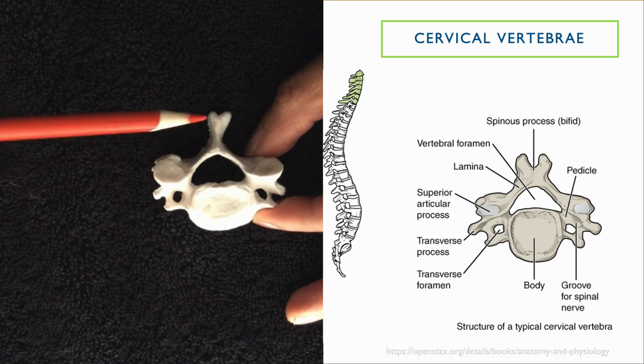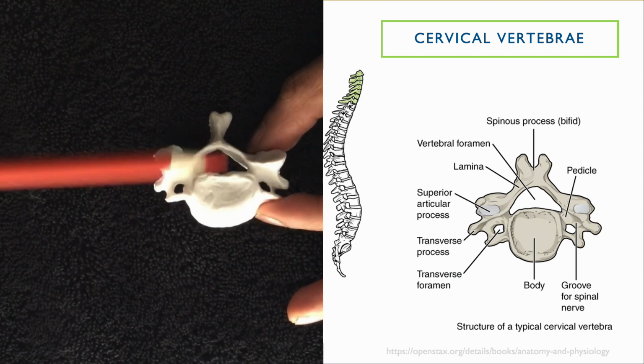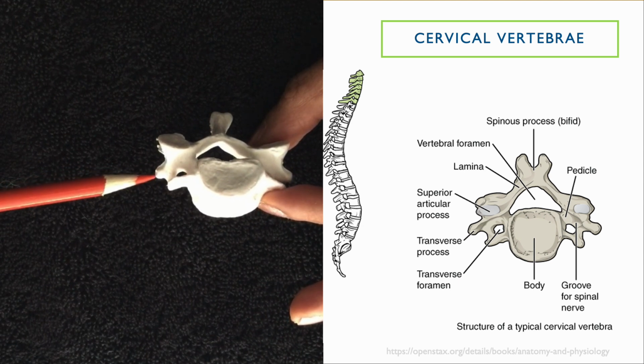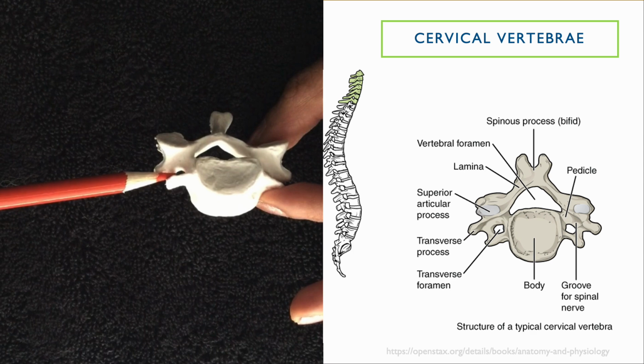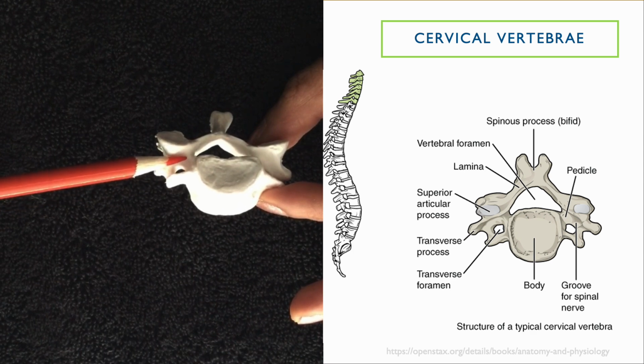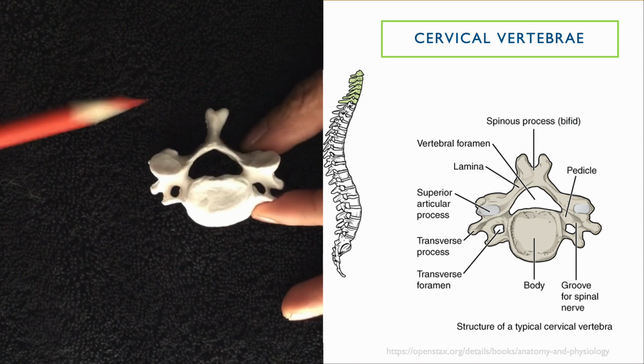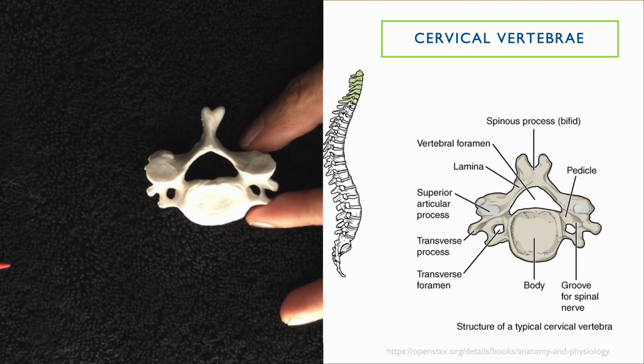And then we've got the lamina right here. And then if you look over here, this is your transverse process, right? We already talked about the transverse foramen. And then, of course, you've got this pedicle area and then the groove for the spinal cord.